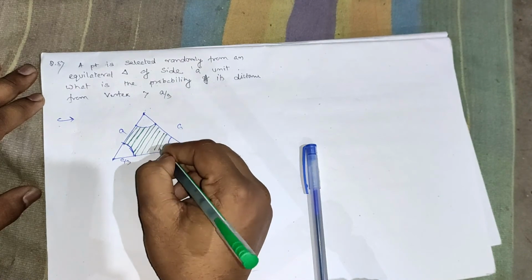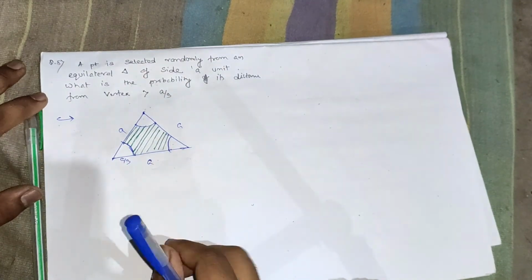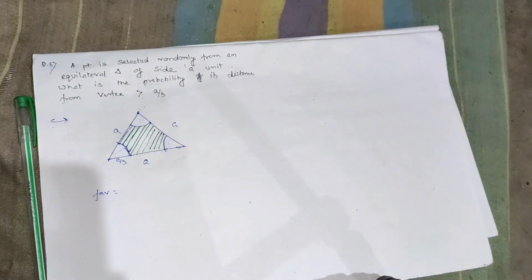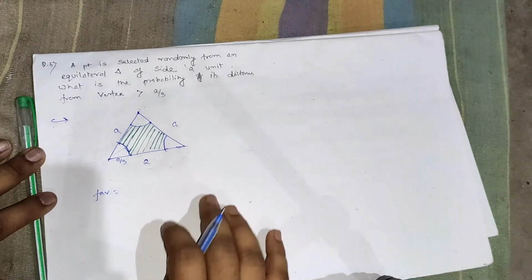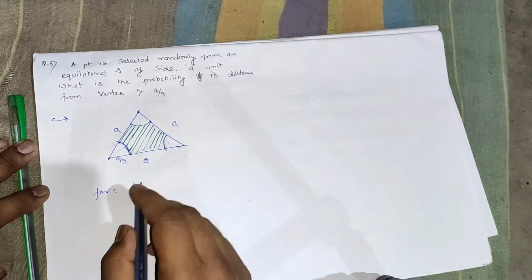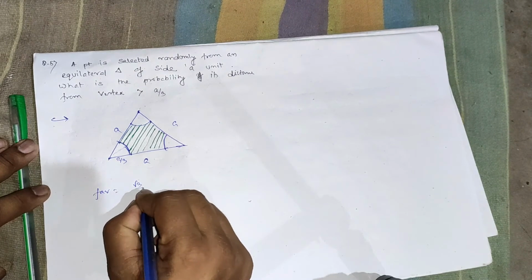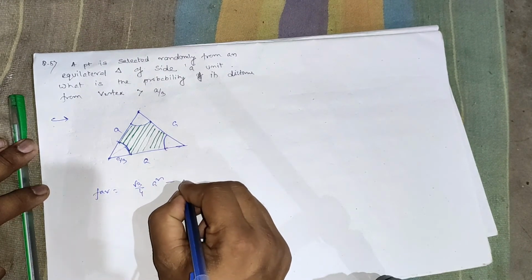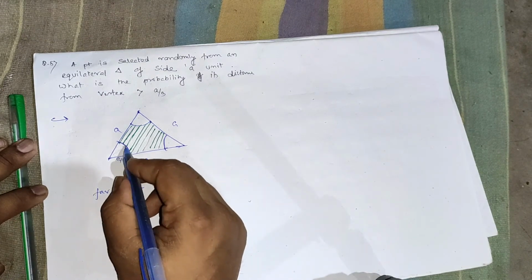So this is a geometrical problem, and its solution is: the favorable condition is the area of this portion, that is total area minus these 3 areas. The total area is root 3 divided by 4 A square minus 3 times this area.